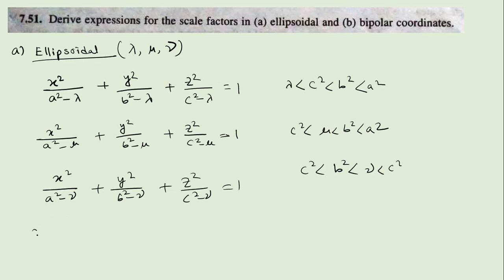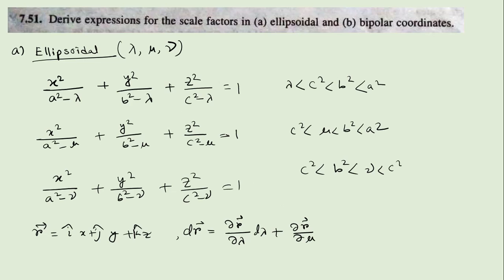Okay, after that we need to write r vector, which is i cap x plus j cap y plus k cap z. From these three equations we need to find out x, y, z, and then you just calculate dr vector. dr vector is nothing but del r vector by del lambda d lambda plus del r vector by del mu d mu, and del r vector by del nu d nu, right?